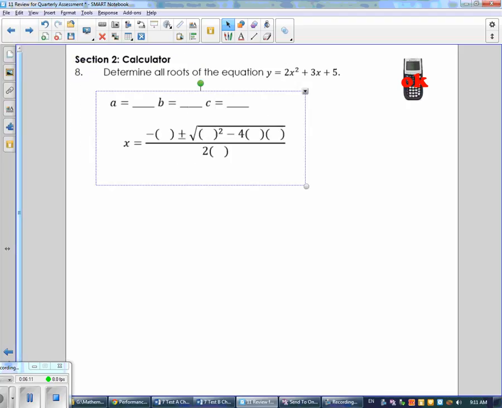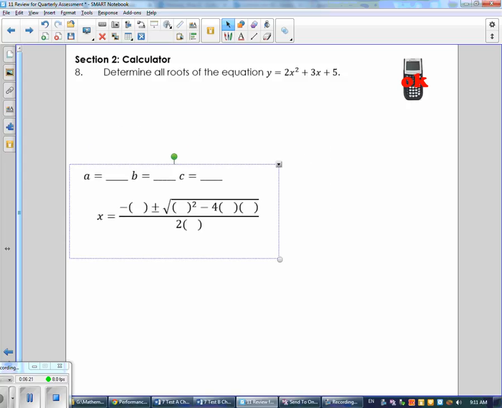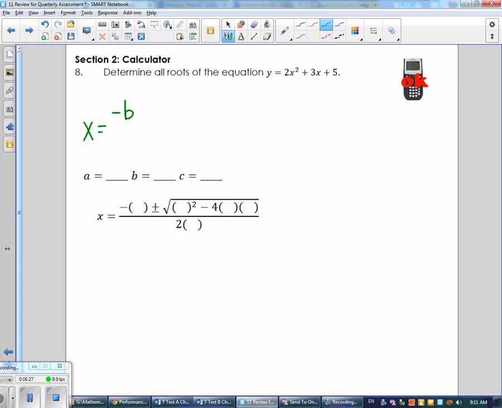Now, for those of you that have your foldable, this would be a good equation to write down. Now, I've just replaced all my a's, b's, and c's with parentheses so I don't forget. But the formula is, again, x equals the opposite of b plus or minus the square root of b squared minus 4ac. We're familiar with that expression now. All of that is over 2a.